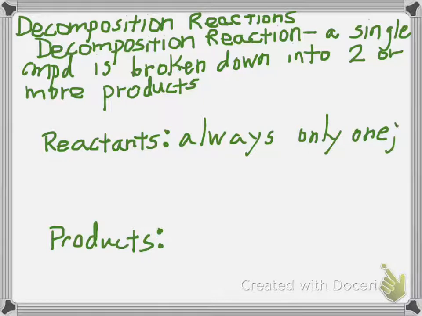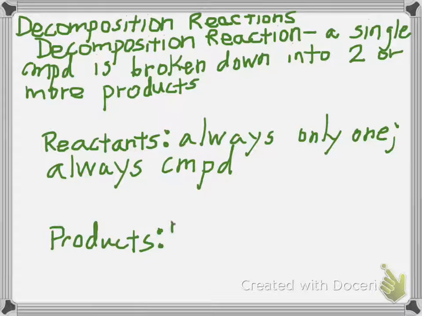Okay, so we always only have one reactant, and it is always a compound. Okay, so for a decomposition reaction, we're always going to only have one reactant, and it will always be a compound.